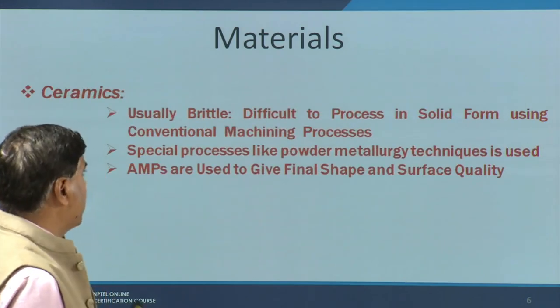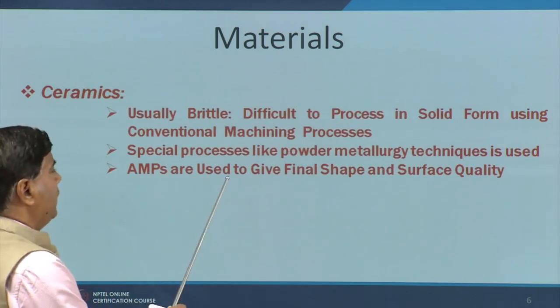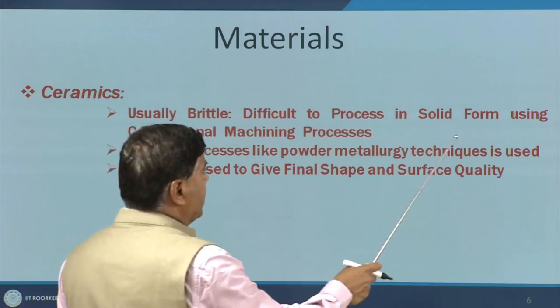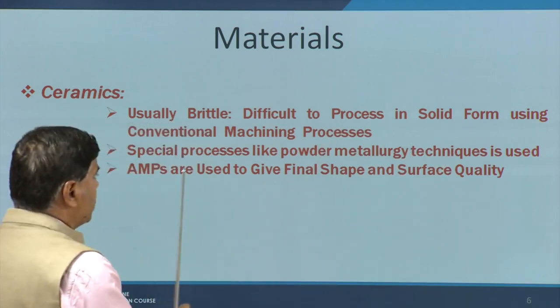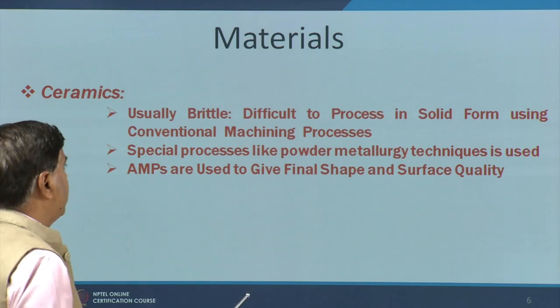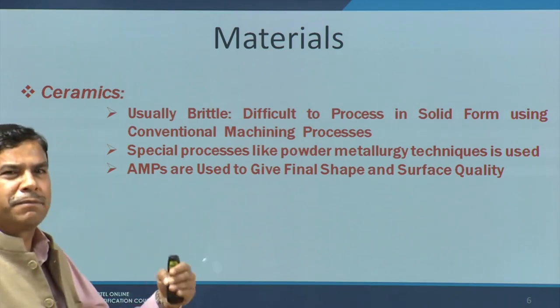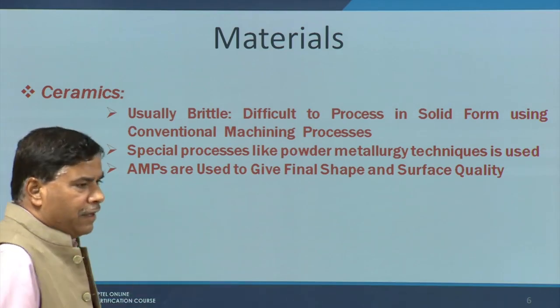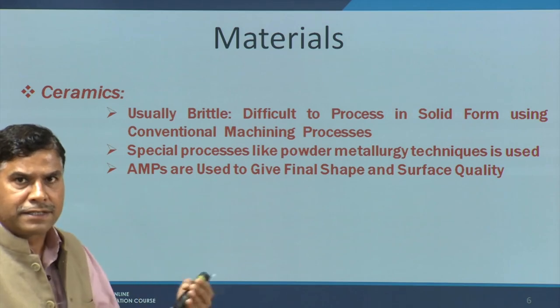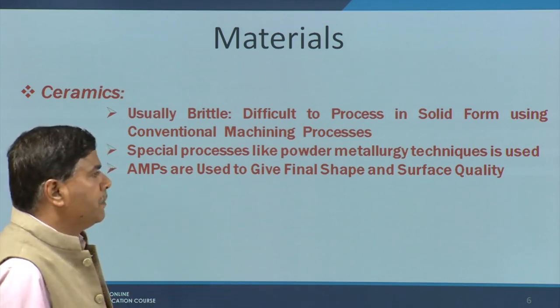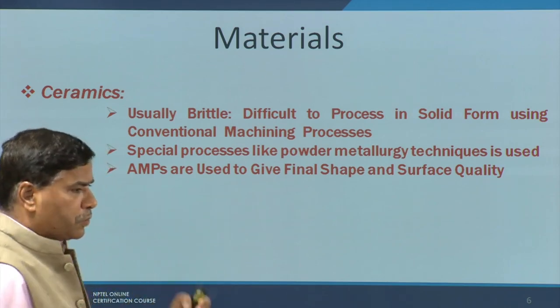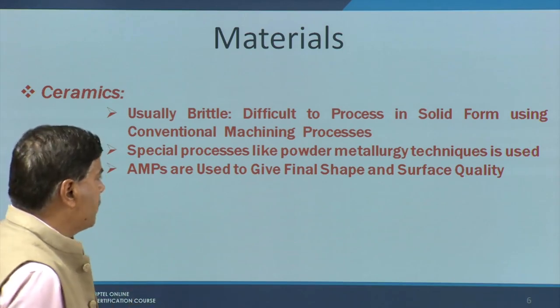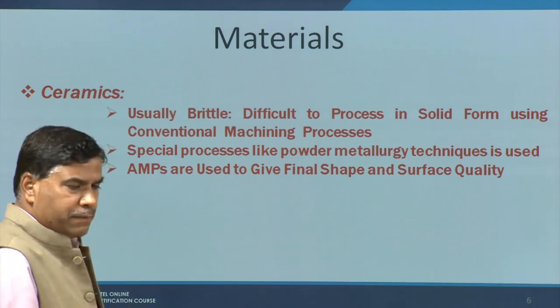Now, we will see the ceramics, which are usually brittle and difficult to process in solid form using the conventional processes, and therefore, conventional machining processes are normally not applied. Because of their high hardness and brittleness, they are difficult to process through forming-based processes and joining-based processes.